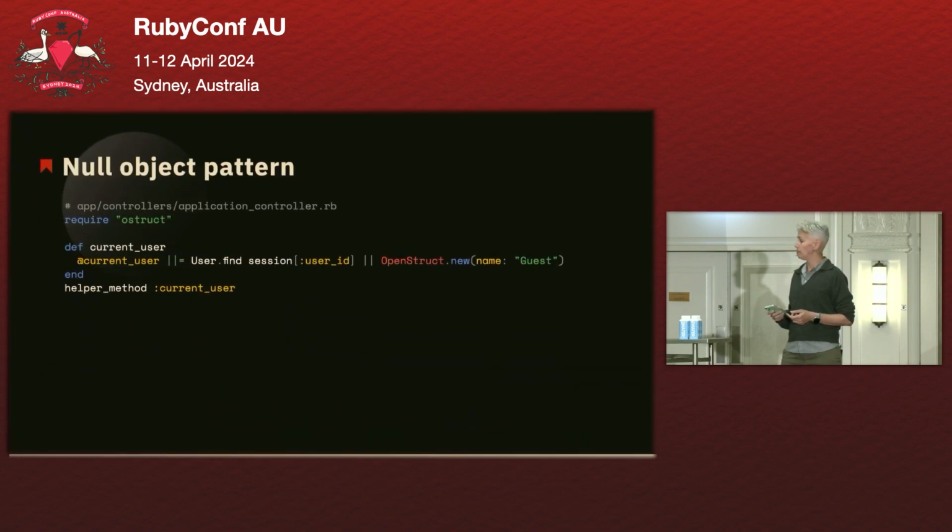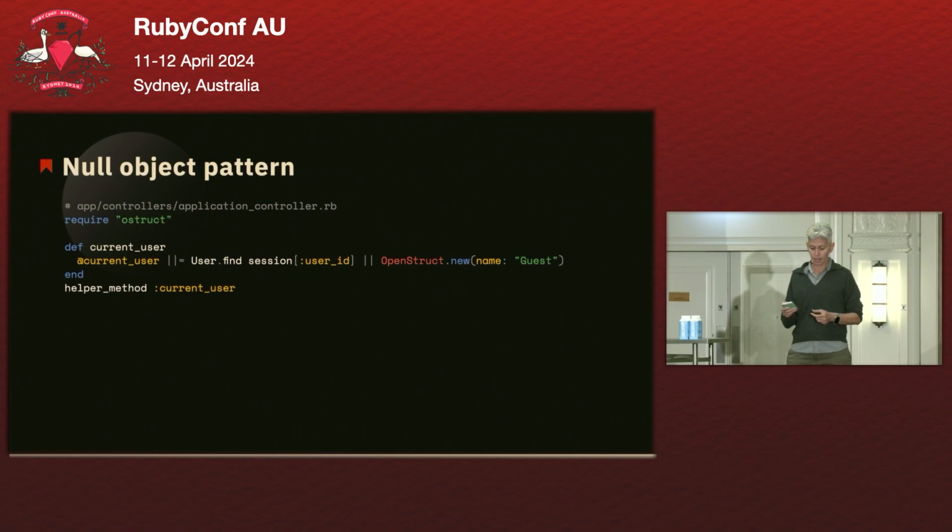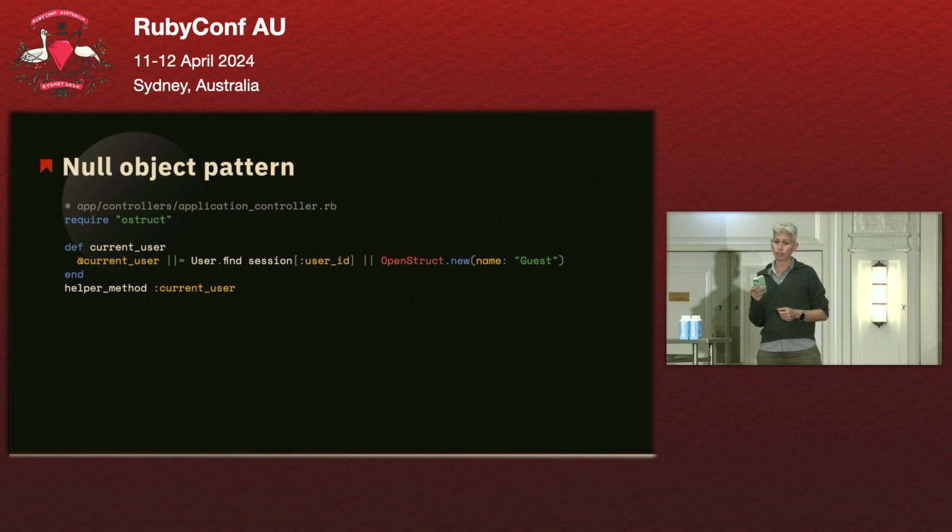One way of doing this is to use OpenStruct. In this case, I go into my application controller, and I try to find a user from whatever user ID I have in the session. But if I don't have a user ID in the session, then I can create an OpenStruct.new and give it the attribute of name, which is what I'm looking for on the user in the view.